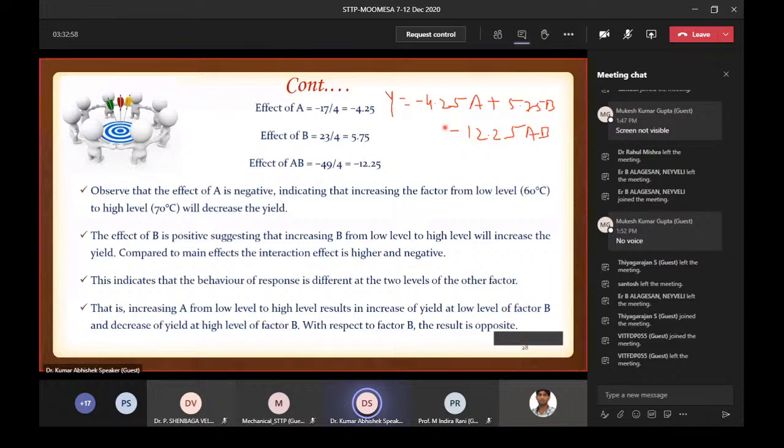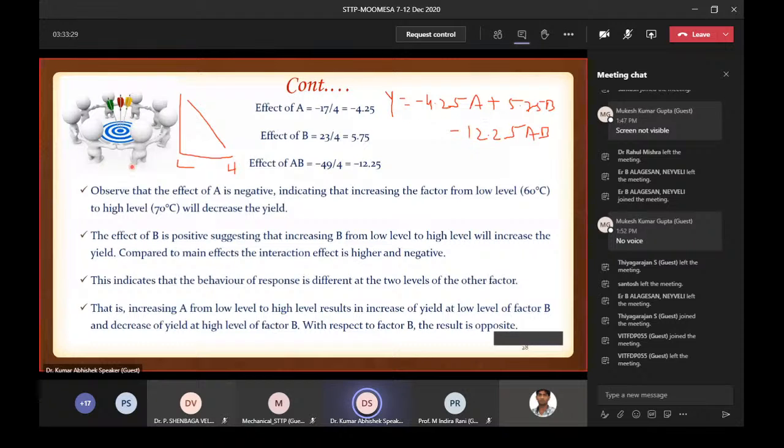If you look at the graph from low to high, this is the low and this is the high, then if you influence the effect of A, it is going to decrease. Whenever you move from low to high, the yield is going to decrease.